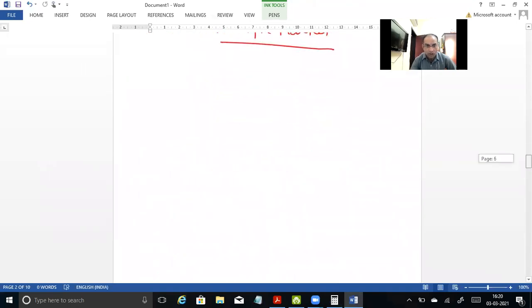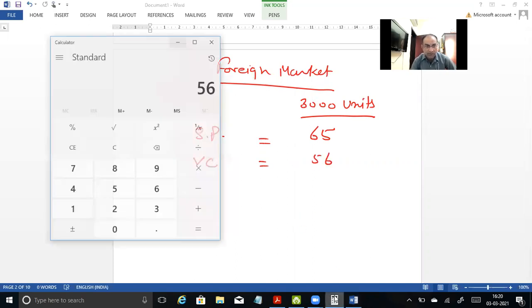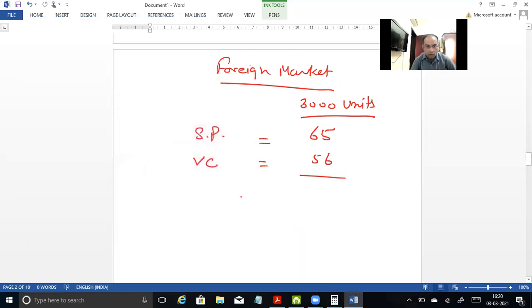We'll see the overall effect. Here units are 3000, right? 3000 units are available for the foreign market. Selling price in the foreign market is 65. Variable cost comes to 56, as we just saw. So how much contribution per unit are we getting? Here we are getting a contribution of 9.